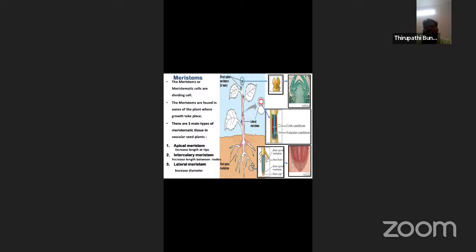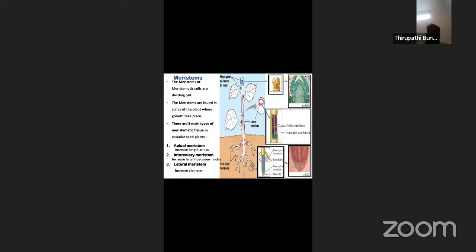Now, a clear discussion on apical meristem, the first type of meristematic tissue. It occurs at the tip of stems, roots and leaves.